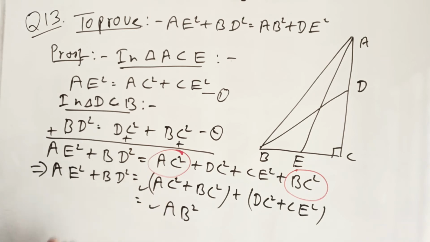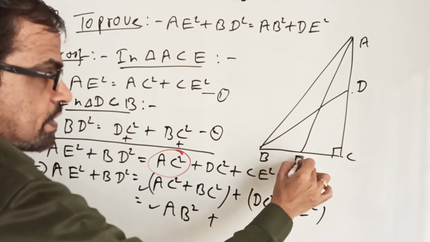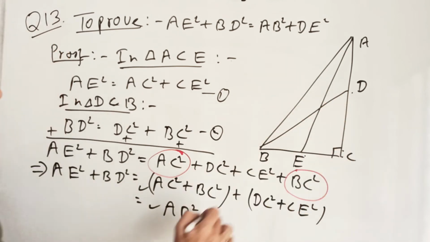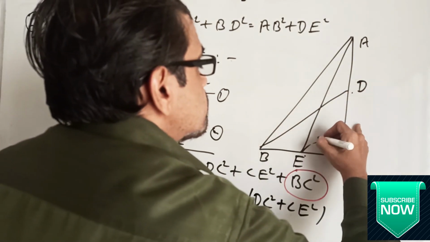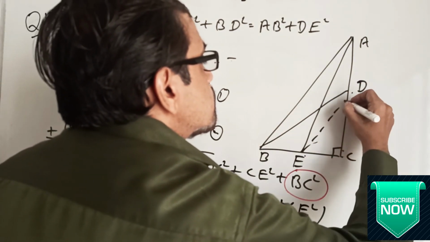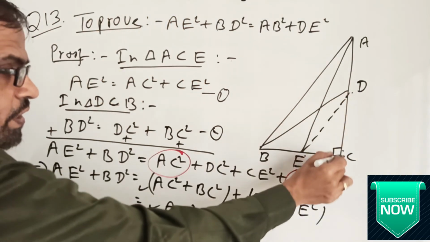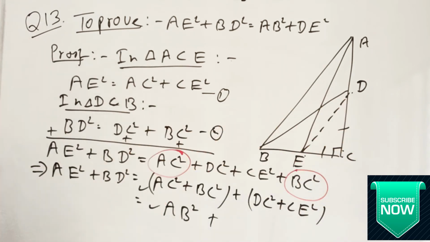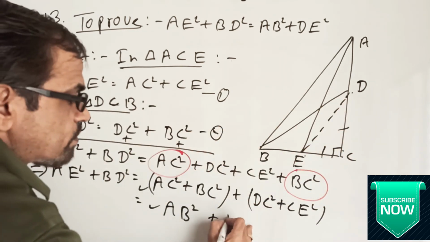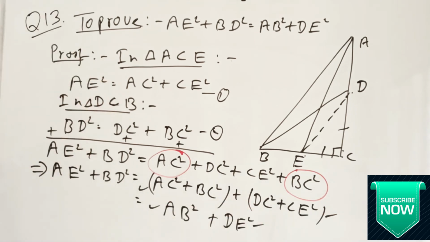Okay, student? See. Now what about DC and CE? DC and CE are not a triangle, but we need the DE, means we have to join this one. DE. We construct the DE. Now see in the triangle DEC, DC square plus EC square is equal to DE square. So in place of this one, we will write DE square using the Pythagoras. See it properly.